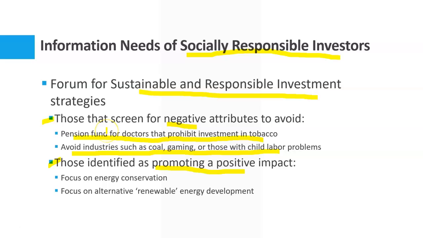So they will look at the information on whether this company uses child labor, or whether this company is in the coal industry or gaming industry. So this is what we said, that if the SRI, the social responsible investor, falls under this category, they will screen for the negative attributes. So they will avoid investing in this type of company.